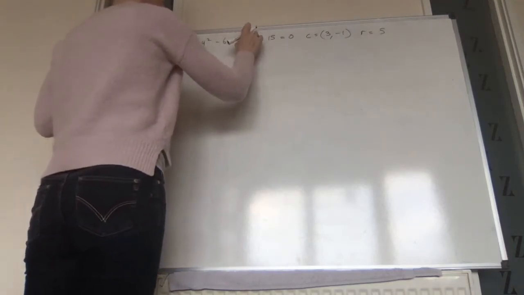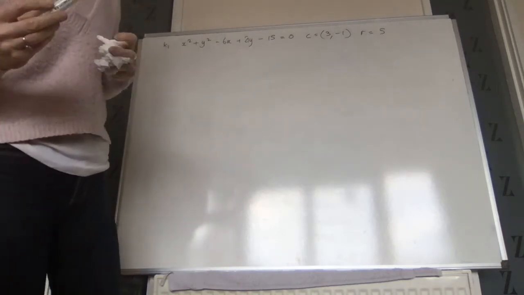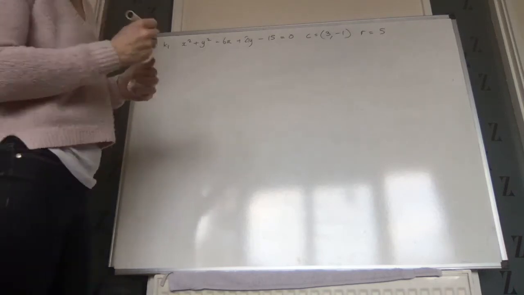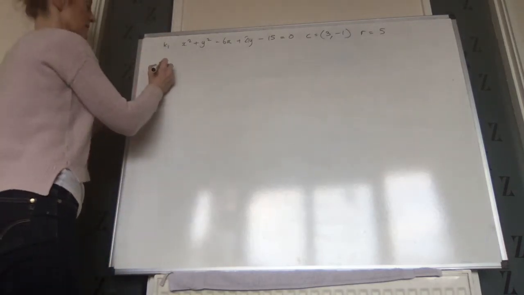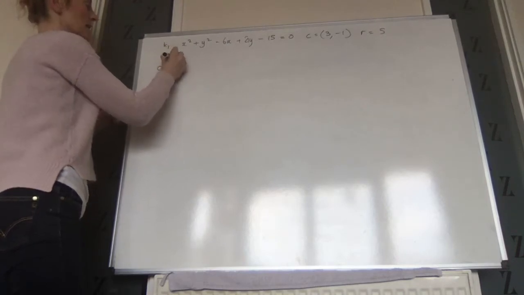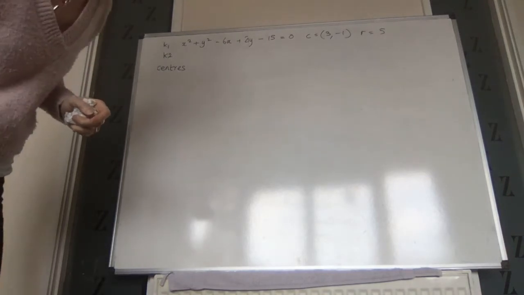Now, the centers of the two circles lie on the line 4x plus 3y minus 9 equals 0. So you have a K2 as well, and you're told that they touch externally.